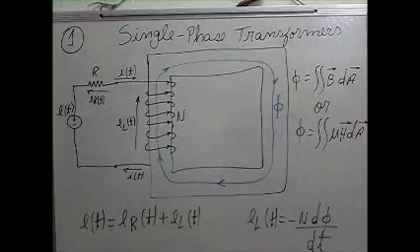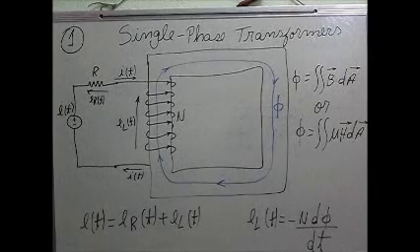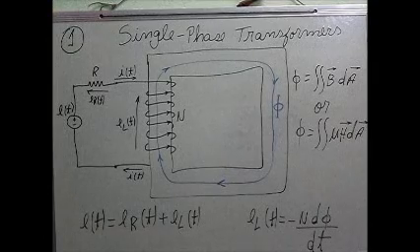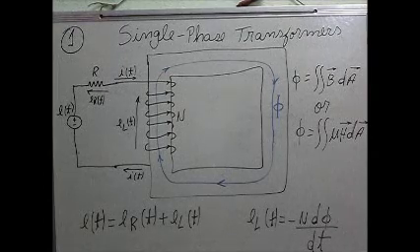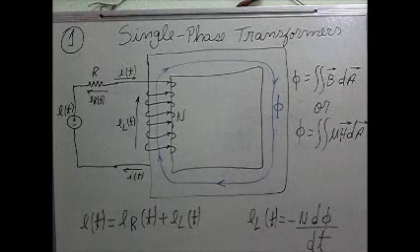We are interested in the voltage that builds in the winding, EL of t. How does this voltage build up? It's what we are trying to understand.